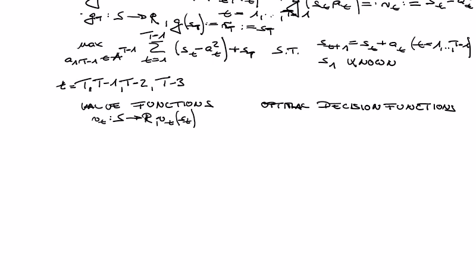And the optimal decision function is the one that yields the largest reward and basically maps states to actions, s_t to v_t(s_t). The thing with the value function is that there are many, one for each time point t, and so there are also optimal decision functions that return the optimal actions at each time point.